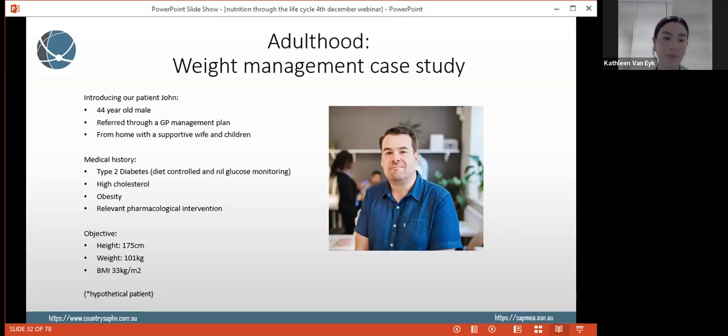His BMI puts his weight in the obese category, and he also has a couple of other medications for cholesterol and also for reflux, which isn't written there. His BMI is 33. So this is a hypothetical patient. However, it's very typical of what we might see in our clinics.